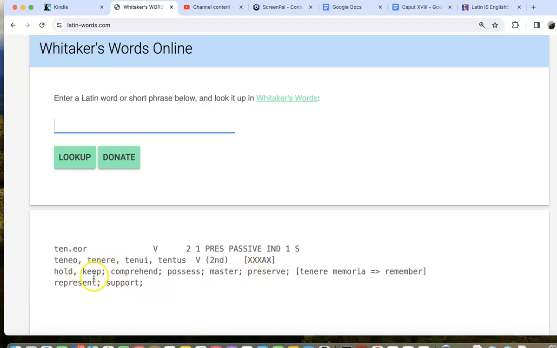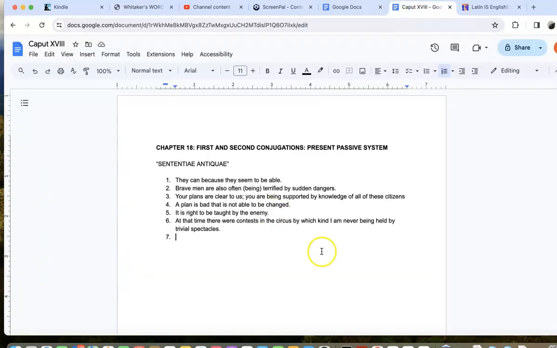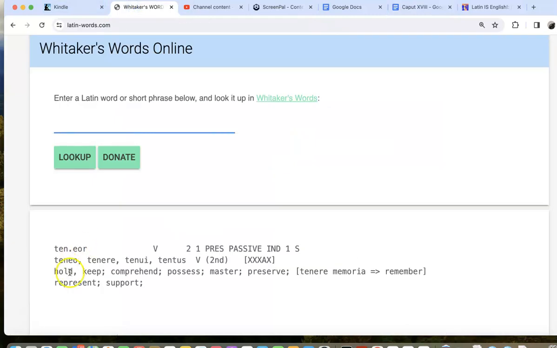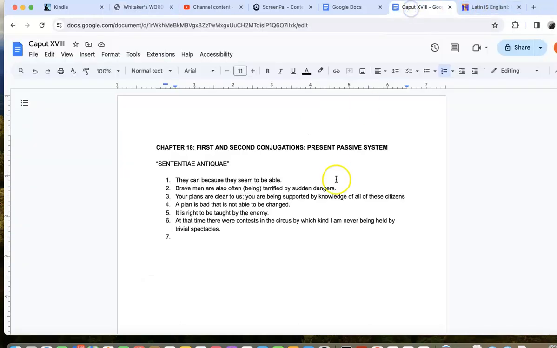A lot of these don't really work. So I went with hold. Now it is passive, so I said being held. But you can see this presents certain challenges for the translation.